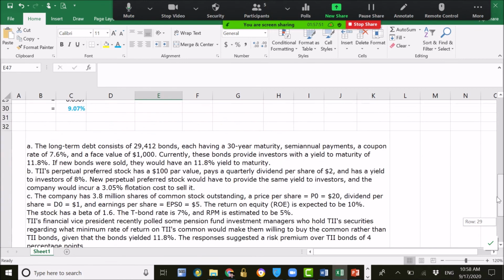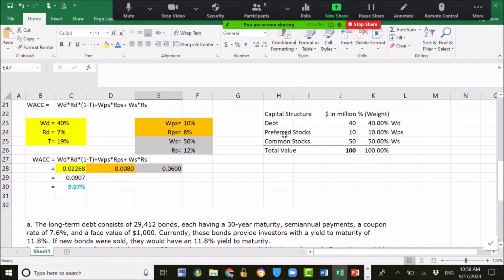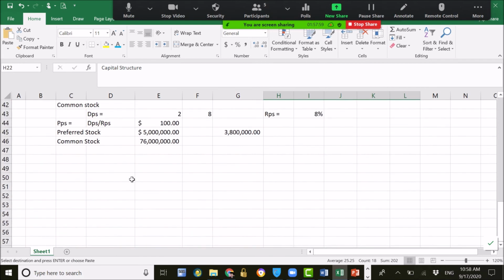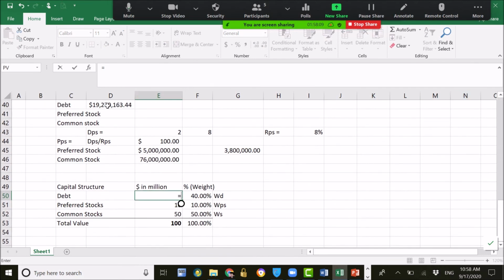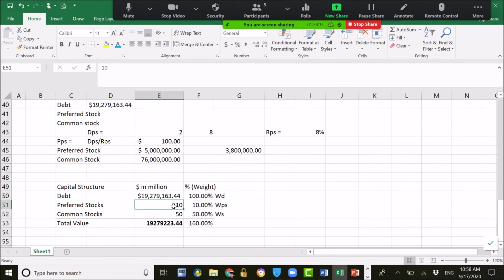Now let me bring this one down, easier for me. All right, so let's summarize those numbers. How much debt do we have? $19 million debt. We have preferred stock equal to how much we calculated? $5 million.